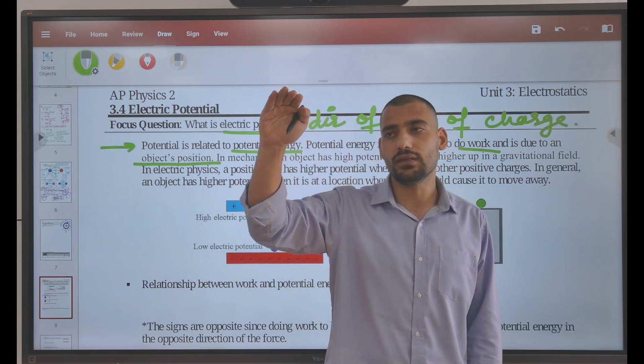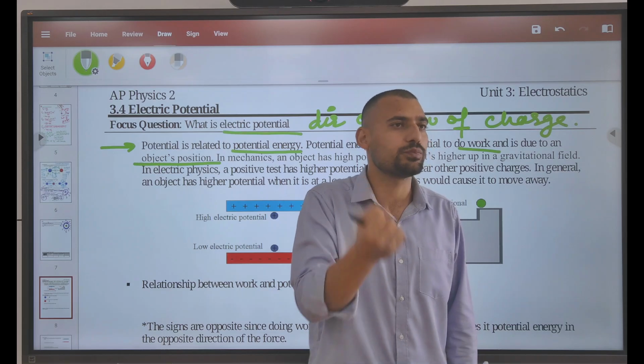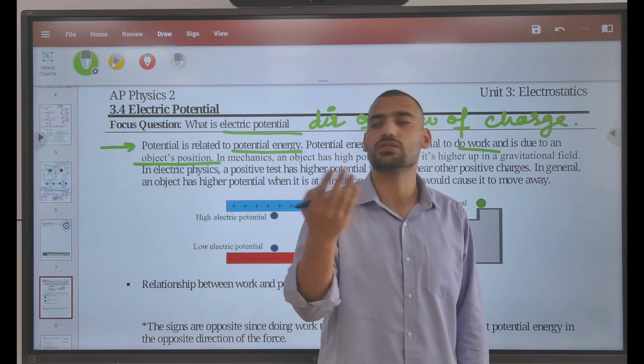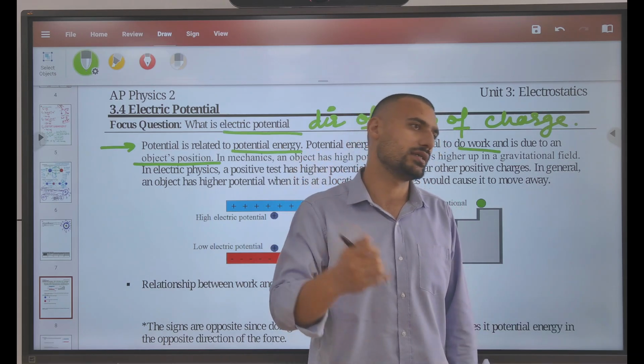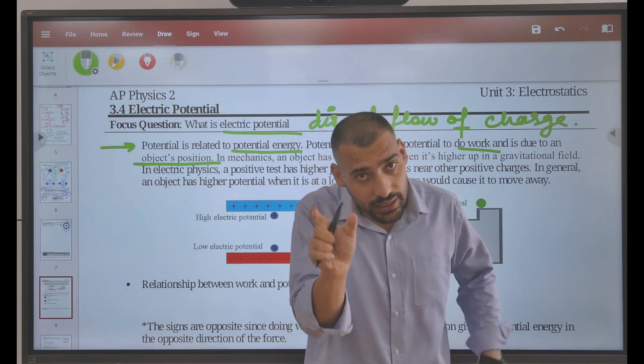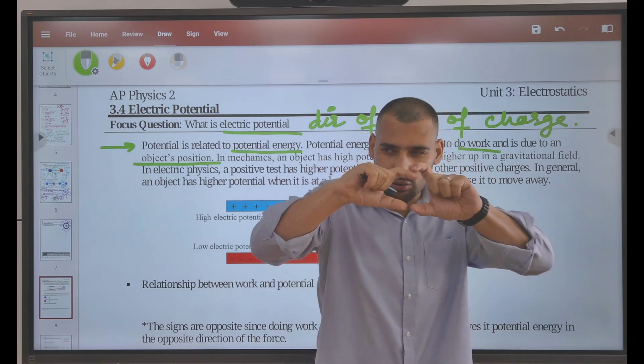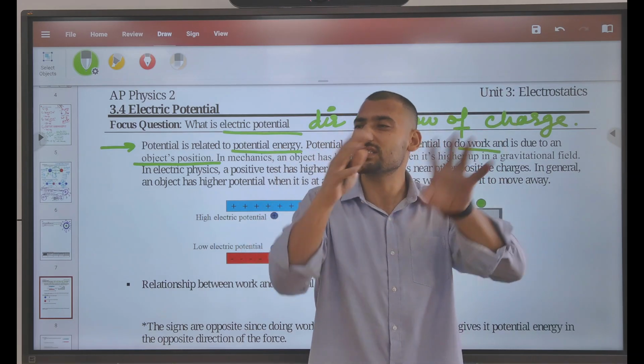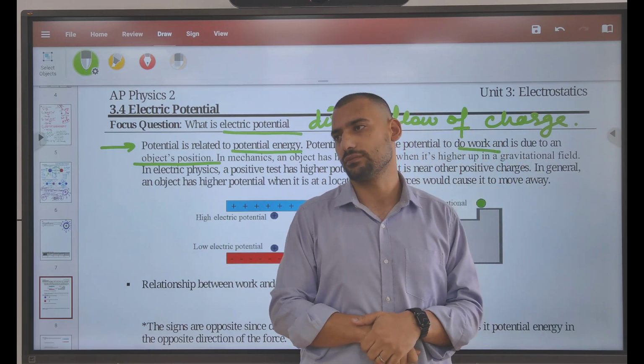At a position, a body has a tendency to perform work. That tendency to perform work is called potential energy. Is that fine? But this potential energy and potential are very closely related. In fact, they are one and the same thing, but in different forms.